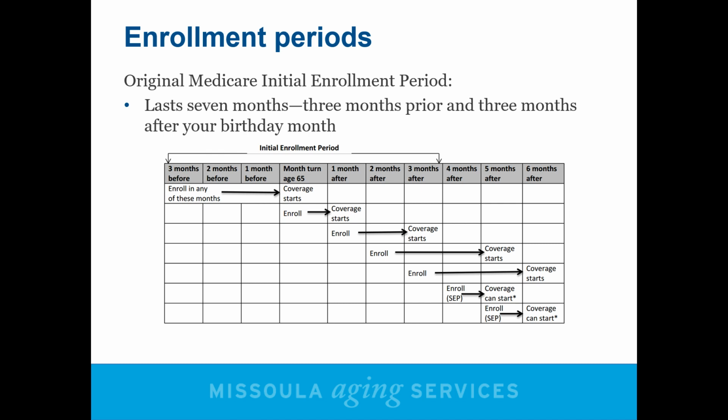No, unfortunately, the initial enrollment period supersedes the special enrollment period, so you're going to get pushed out to 5 months after your 65th birthday, and you may have a gap in coverage. You may need to COBRA that employer-based insurance or something like that.